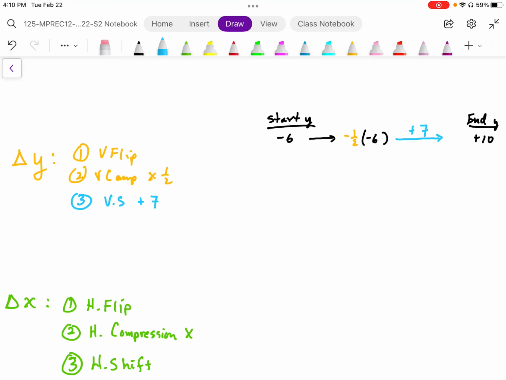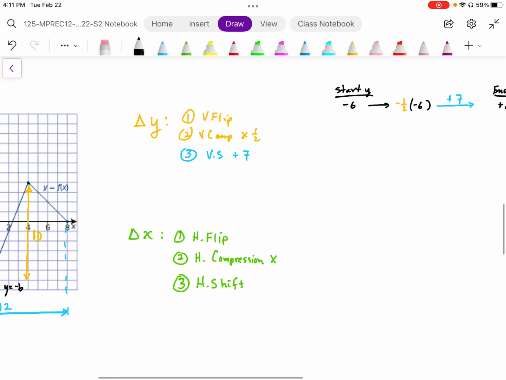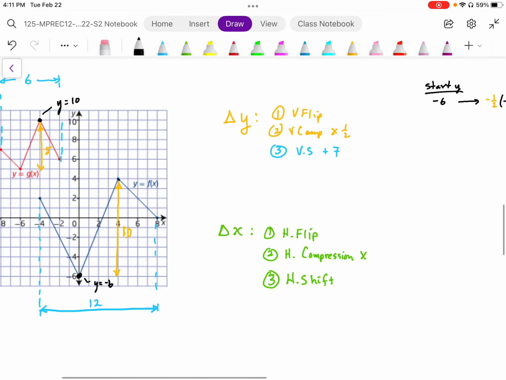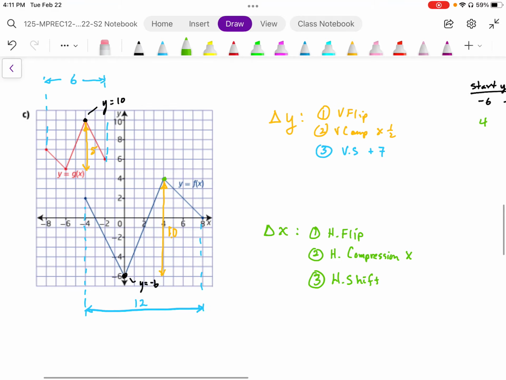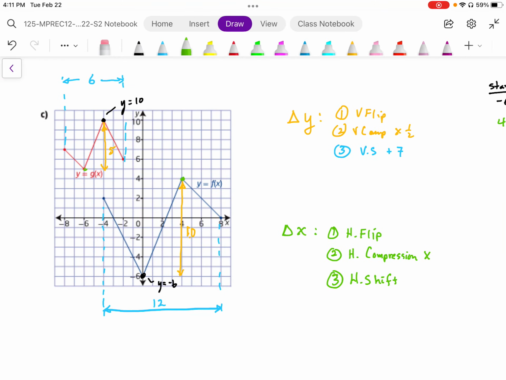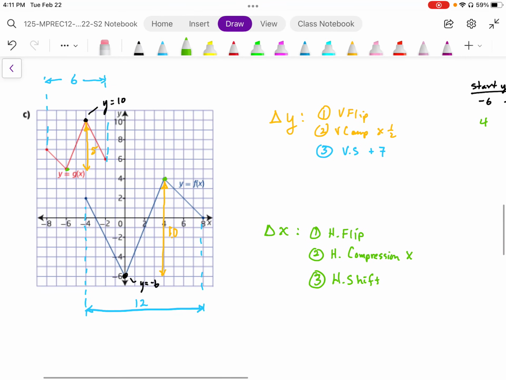So that last step, the vertical shift plus 7, is going to get my y coordinates to the right position. Now, I could have chosen any y coordinate and I would have gotten the exact same shift. In fact, I'm going to show you that. For example, let's say my starting point was y equals positive 4. The ending position of that would be y equals positive 5.